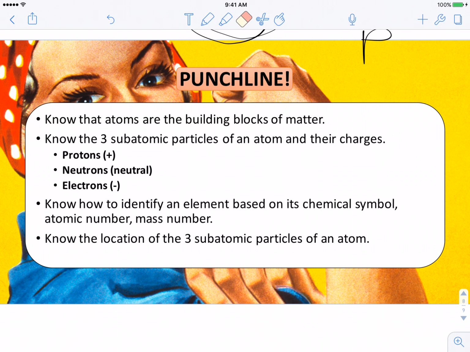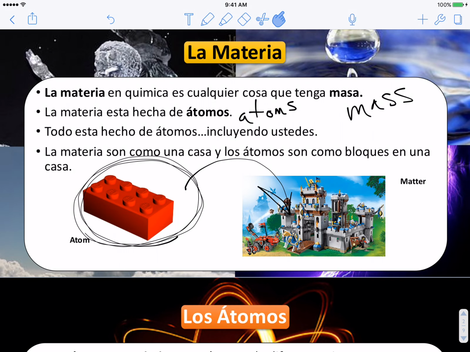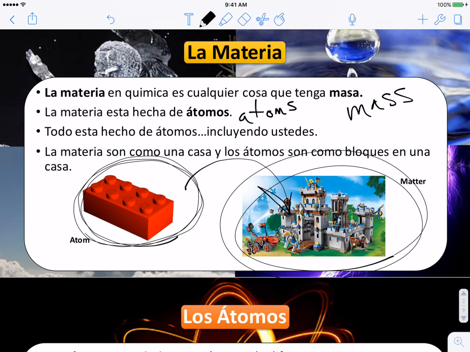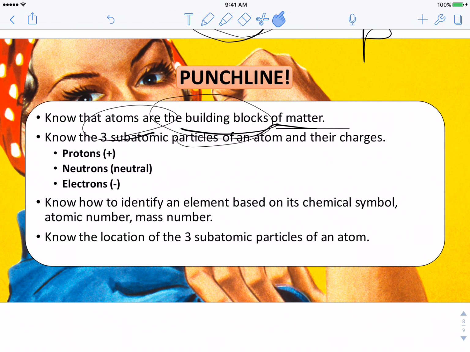You need to know that atoms are building blocks of matter, okay? What does that mean? If we go back up to our little brick house, matter's like the house, atoms are bricks. You need to know the 3 subatomic particles of an atom. Protones, or protons, tiene una carga positiva, so a positive charge.